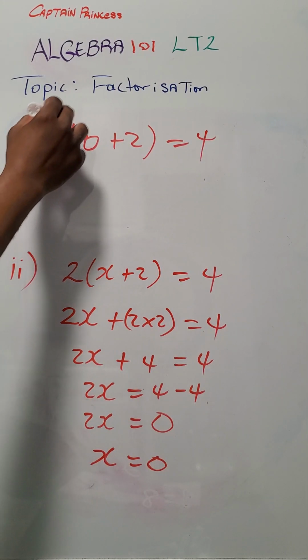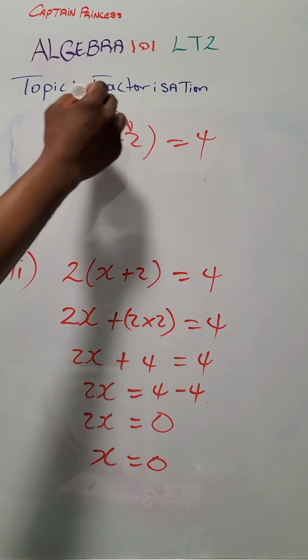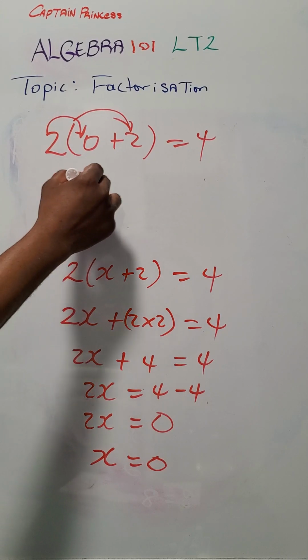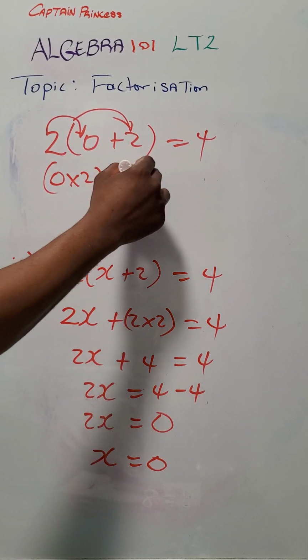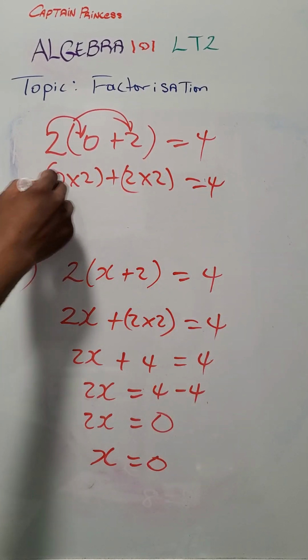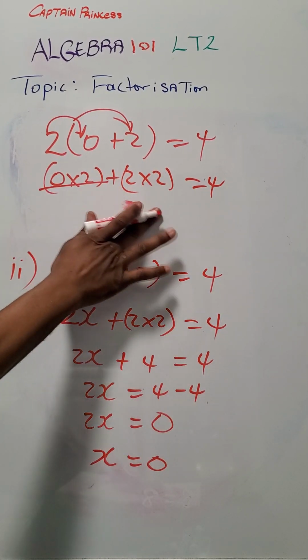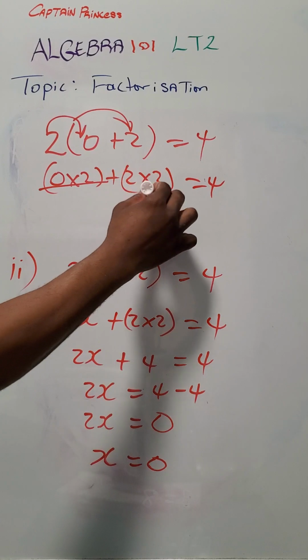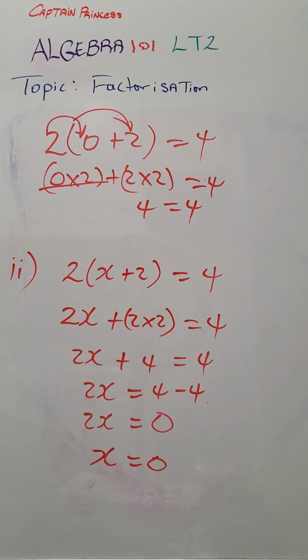So when you multiply 2 by everything in the bracket, you end up with 0 times 2 plus 2 times 2 equal 4. Then 2 times 2 gives you 4 equal 4. Hence, that is good.